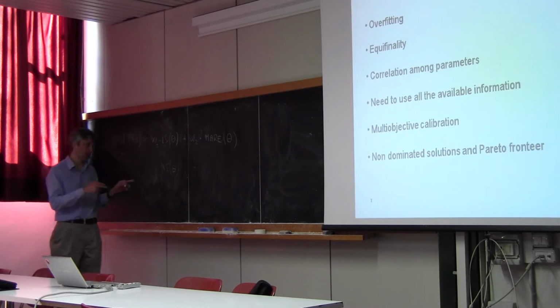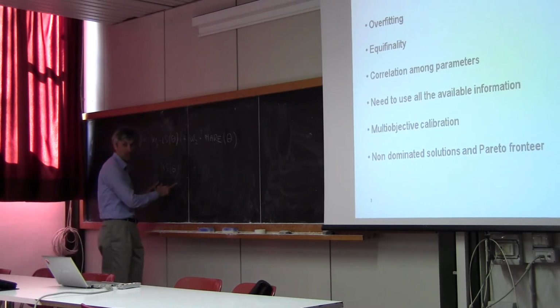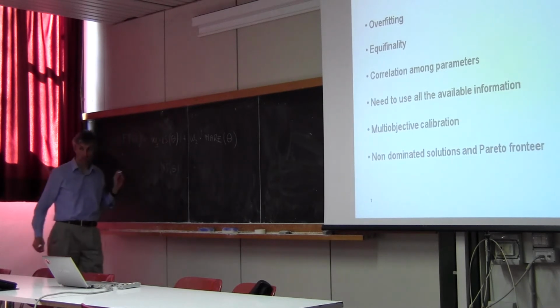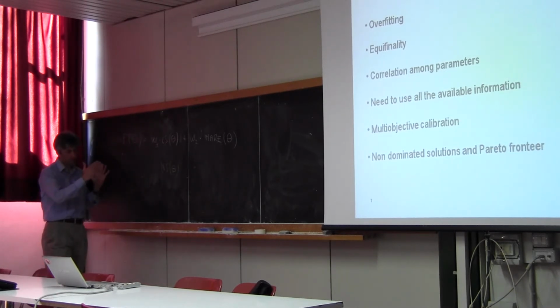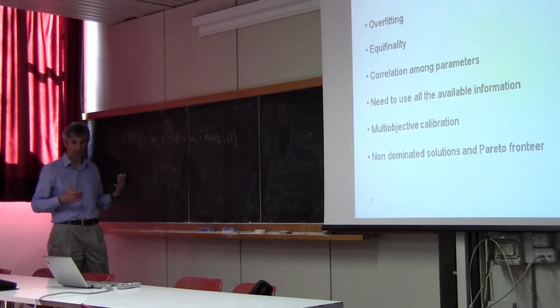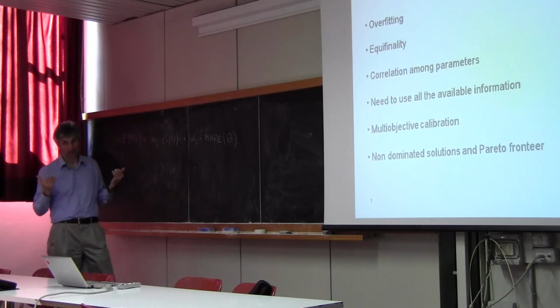You also have to be careful because for the Nash-Sutcliffe efficiency, optimal values correspond to 1. For the mean absolute relative error, optimal values correspond to 0. So when you combine, you also have to decide whether you want to maximize or minimize the result.